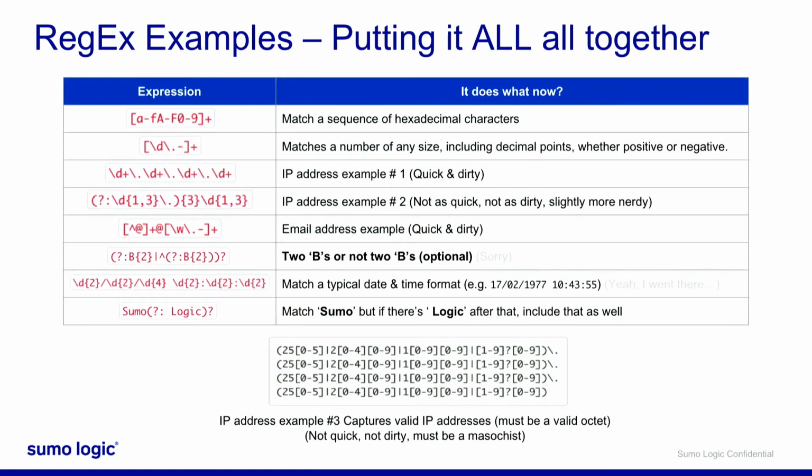Now let's put it all together. We've got our character sets with quantifiers, and various levels of complexity. This is a basic IP address, but you'll capture any 4 numbers separated by periods. It gets a little funky when we say I want to capture between 1 and 3 digits, followed by a full stop, repeated 3 times, followed by another number between 1 and 3 digits long.